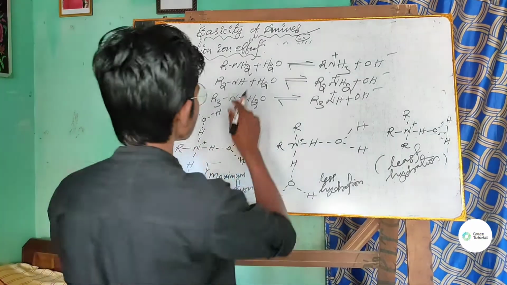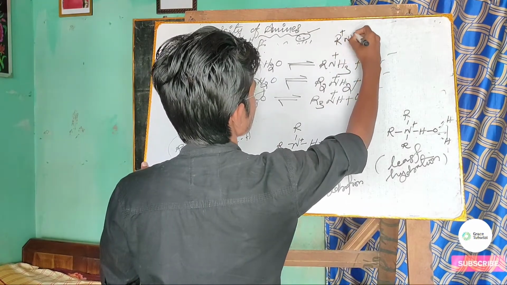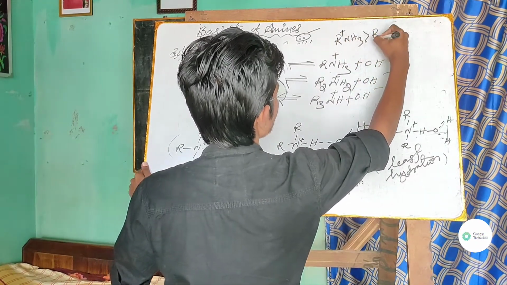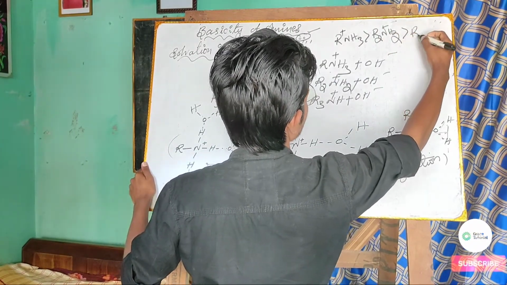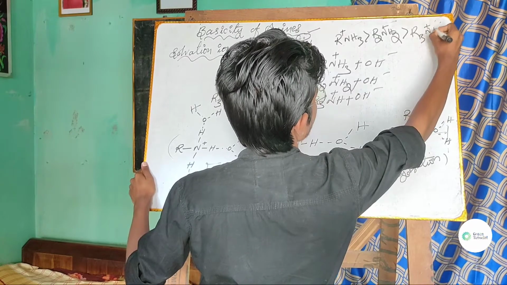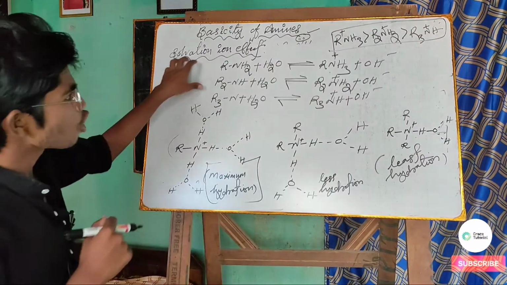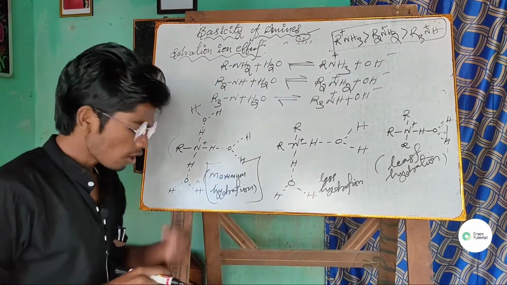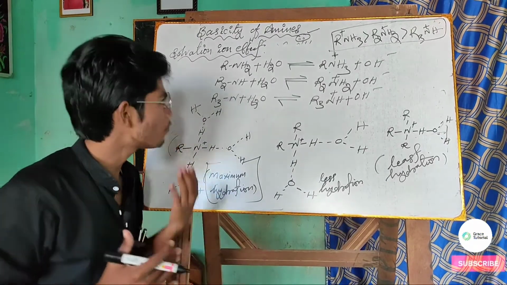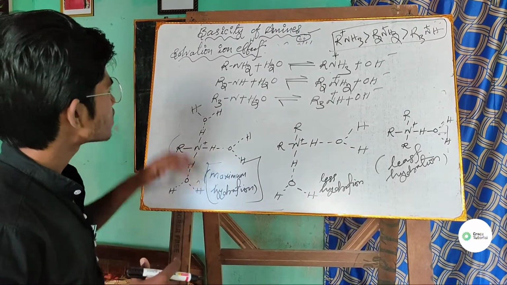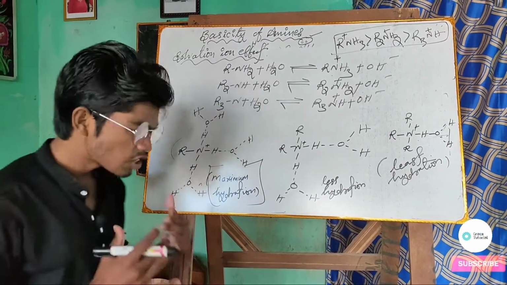That means here it is RNH2, or we can write that RNH3 plus is greater than R2NH2 plus, that is also greater than R3NH plus. So this is the order according to the solvation ion effect. So if you look at all the effects, the combined effects of the inductive effect and steric effect as well as the solvation ion effect, what did we observe here?